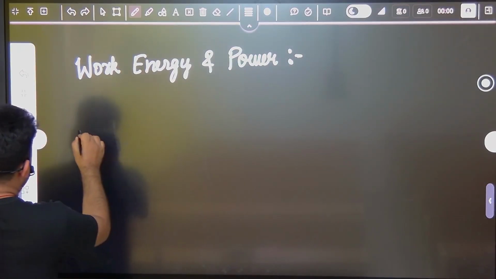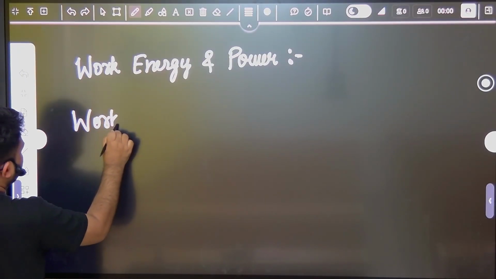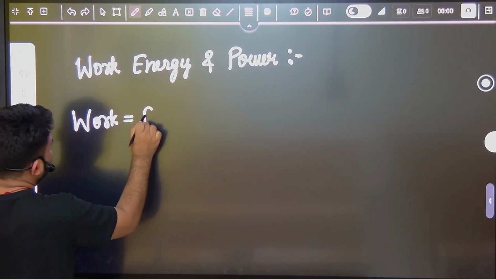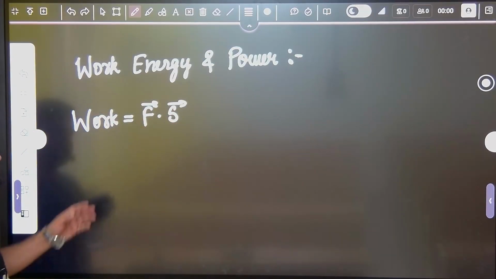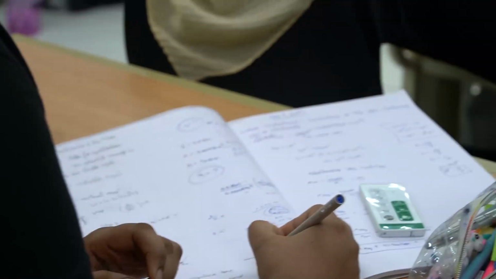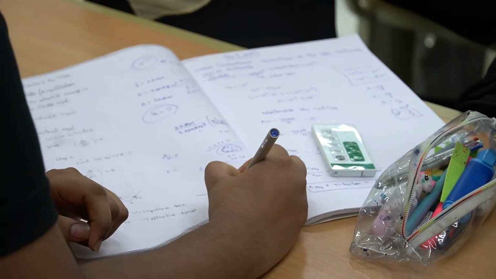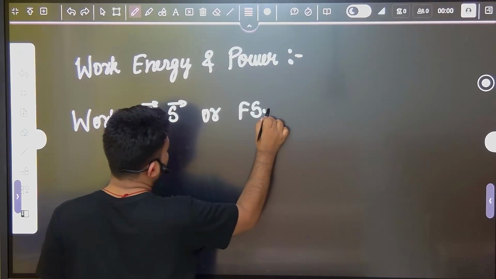Now, how have we defined work? Work is basically the dot product of force and displacement. F is force, S is displacement, and the dot product A dot B is AB cos theta. So F dot S will be Fs cos theta.